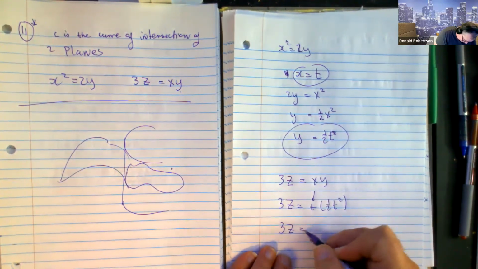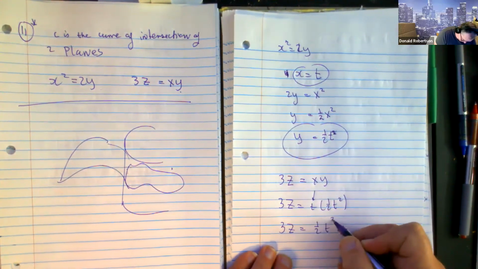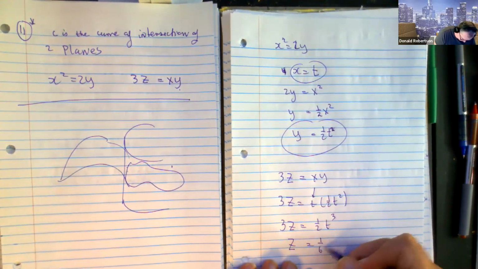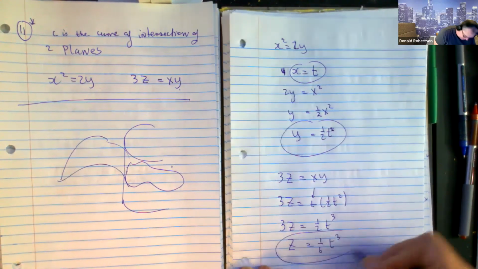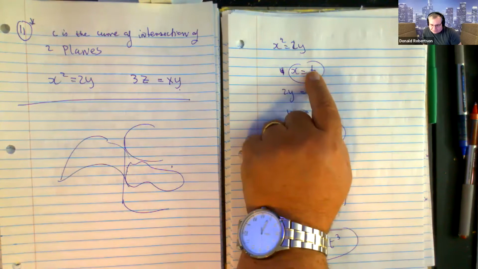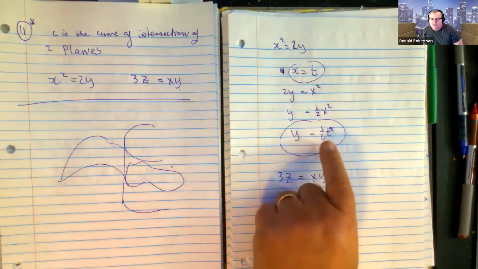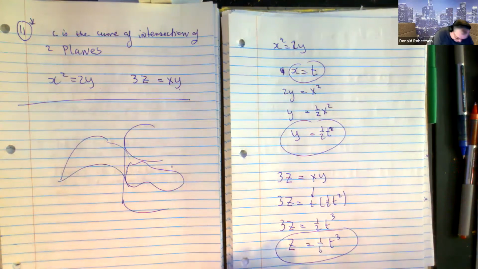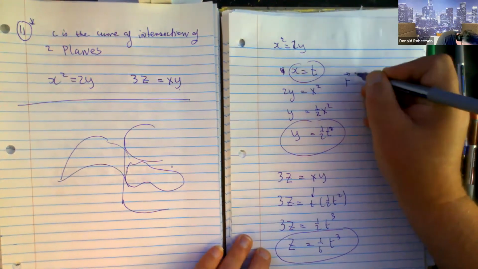So 3z is going to be 1/2 t cubed, which makes z 1/6 t cubed. So all I need to do is find, typically, x equals t, that then lets me get y in terms of t, which then allows me to get z. And now I have my space curve.